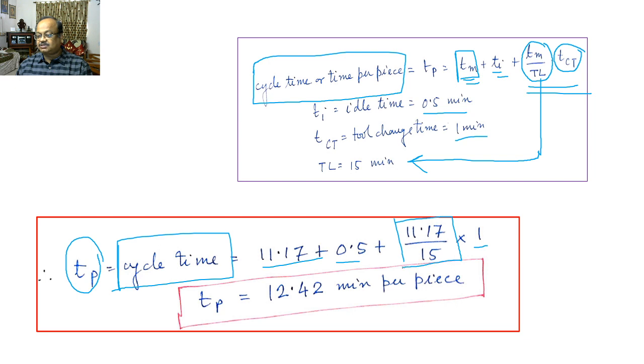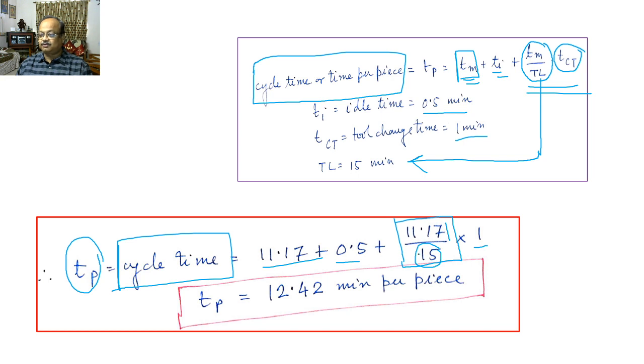If you are producing a single part, because your machining time is 11.17 and tool life is 15 minutes, for a single part you do not incur any tool change. But if your batch size is 100 or 500, in that case, while you are machining the second part, you have to provide a tool change. So the average apportionment of that particular phenomenon comes into being.